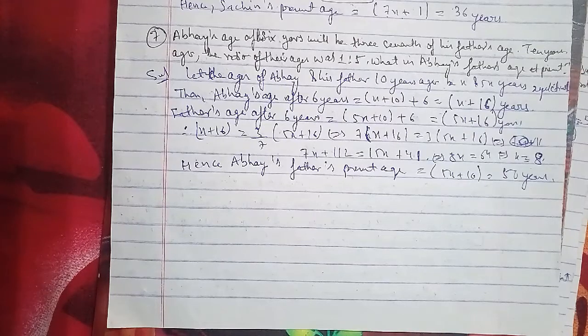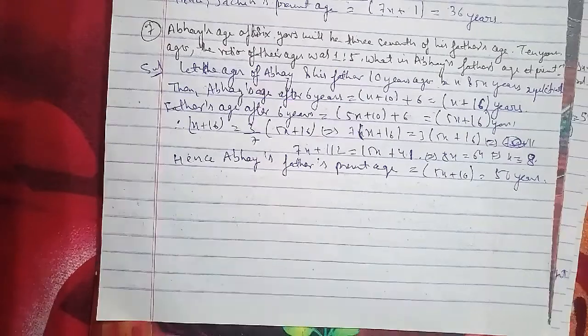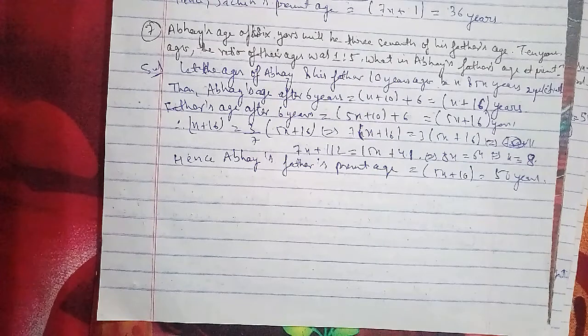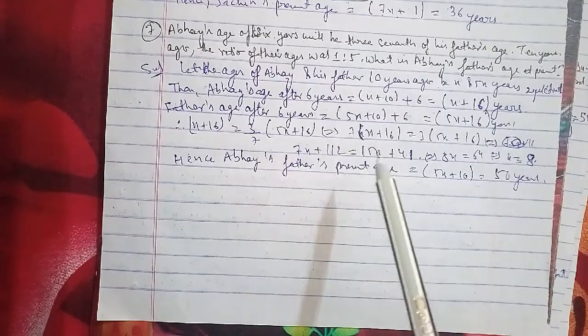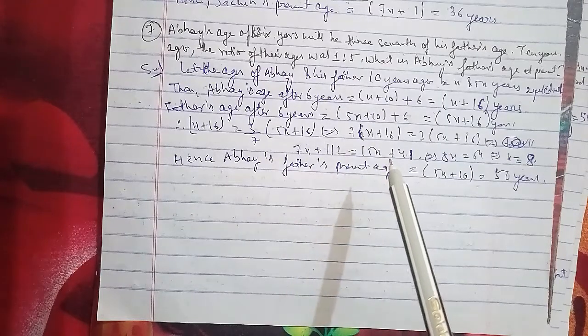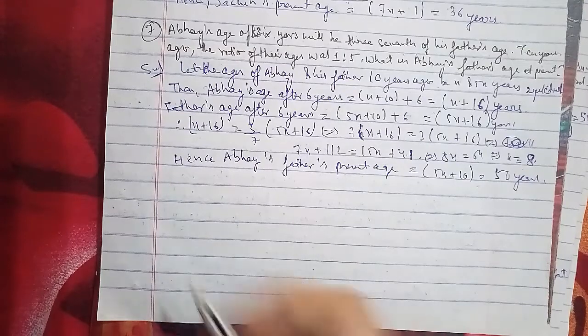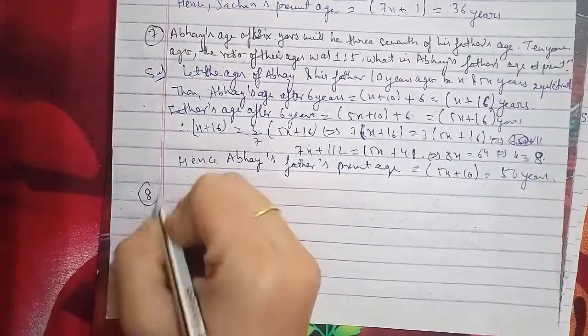If their ages are in the respective ratio of 7:9, how old is Sachin? That is what we have to talk about. And this question has been asked in your bank PO question paper as well.